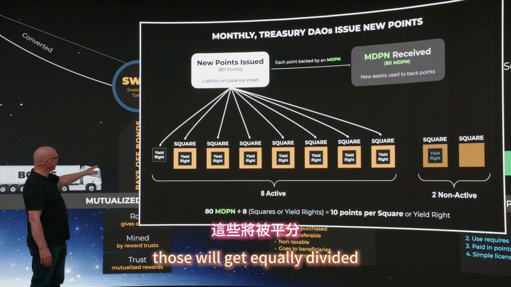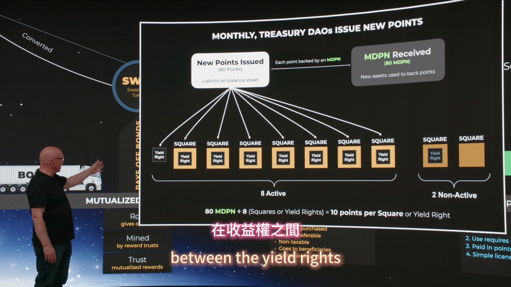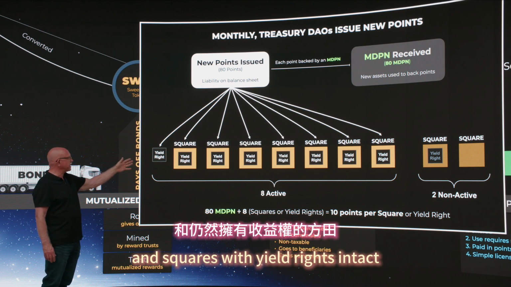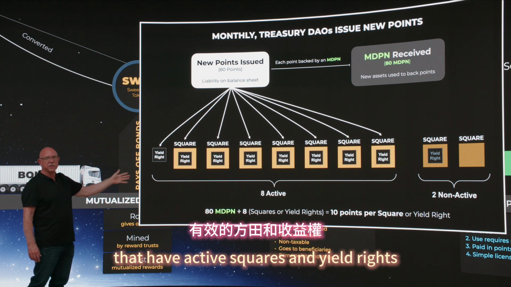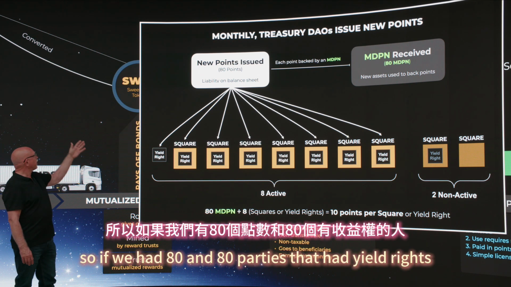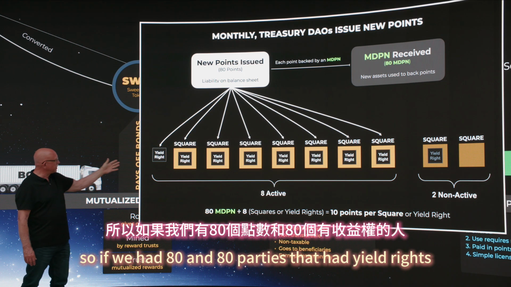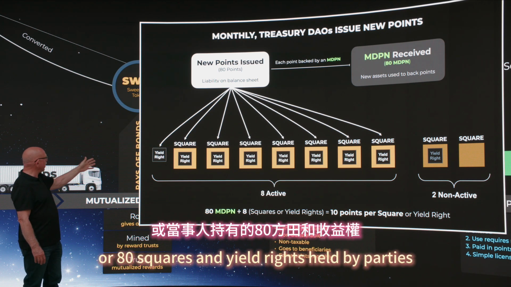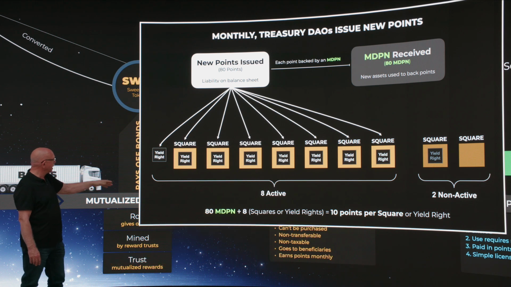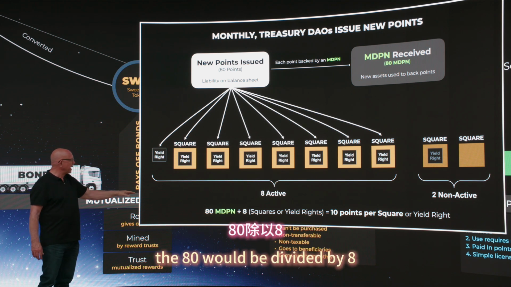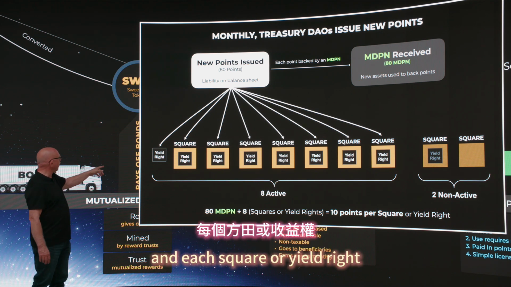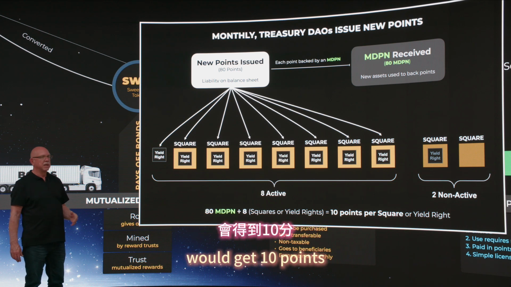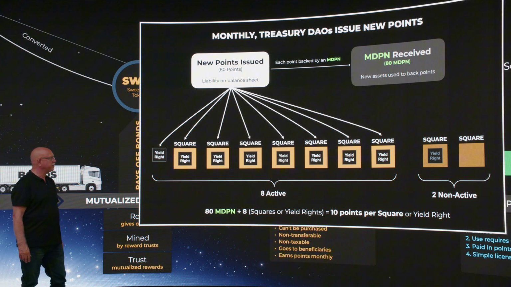Those will get equally divided between the yield rights and squares with yield rights intact that have active squares and yield rights. So if we had 80 points and 8 parties that had yield rights and active squares, the 80 would be divided by 8, and each square or yield right would get 10 points.